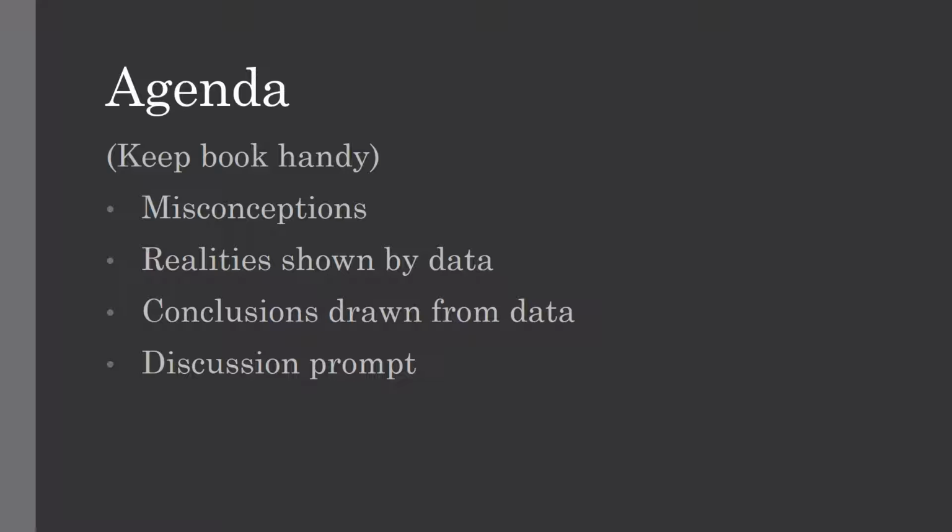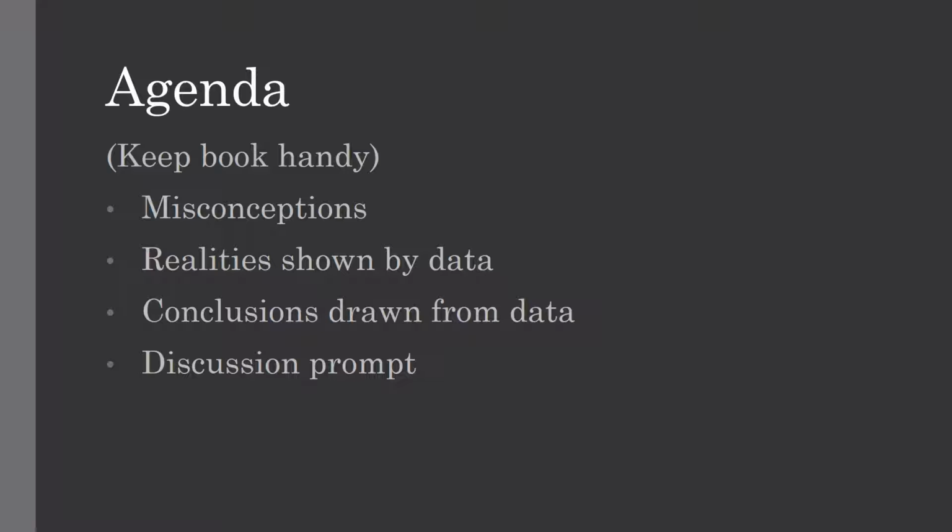We are going to be talking about some of the misconceptions that people commonly have about the data surrounding the prison system, and then we're going to look at the realities shown by data. So basically we're comparing people's misconceptions about the prison system and prison growth with the actual information.